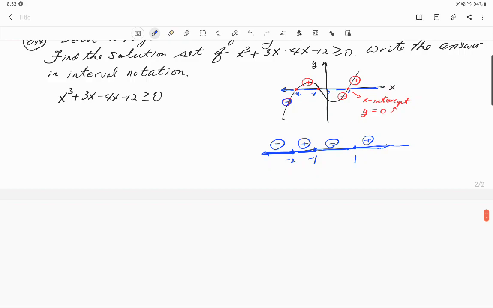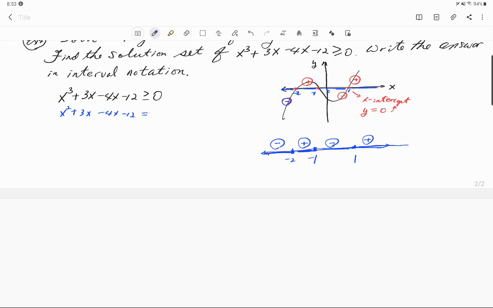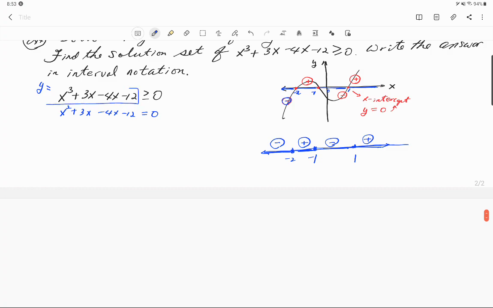So using this information, why don't we let this inequality equal to 0? Make this value equal to 0. So we can say that this expression is function y, right? So when we graph this function, the graph will be something like this.